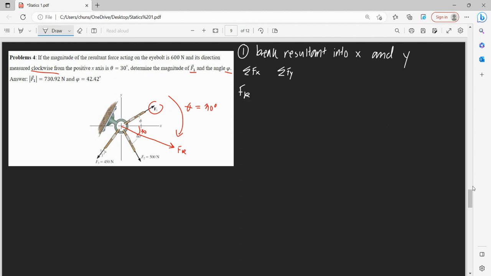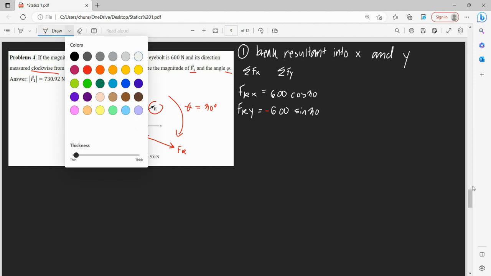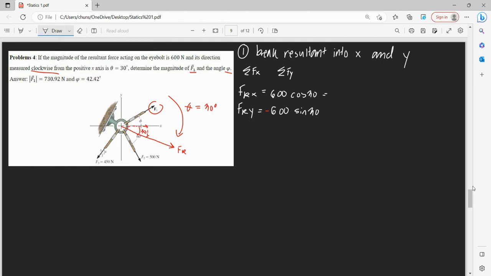So our F resultant of x is going to be equal to 600 newtons, and that will be cos 30 in the positive x direction. And for our y, it will be 600 sine 30, directed in the downward direction, or the negative y. Okay, those will be our answers.